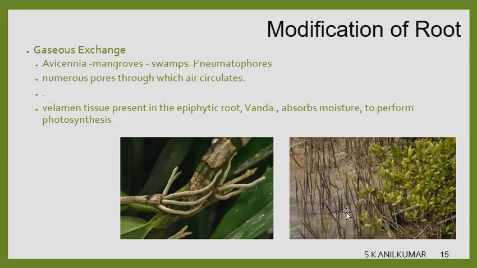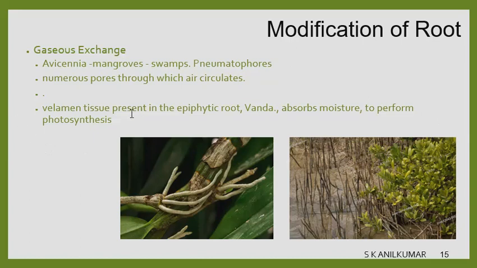Pneumatophores have pores or tiny openings for exchange of air. So the root comes out from the water, because it is a swampy area, to the outside, above the soil into the atmosphere, so that it can absorb the gases from the atmosphere. This is the pneumatophore in Avicennia, a modification of a root to help breathing, right?